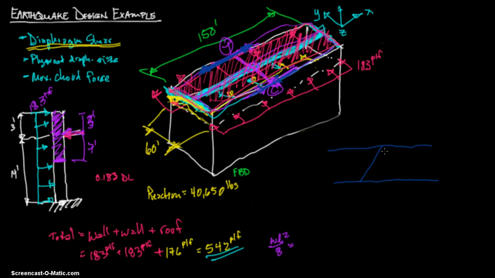because if you look at the top and bottom chord anywhere, especially if you cut it at the joint, you're going to have a force right here and a force right here.